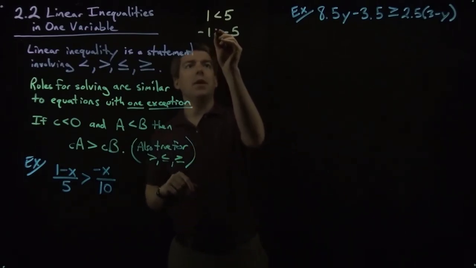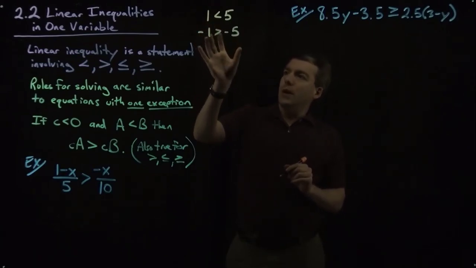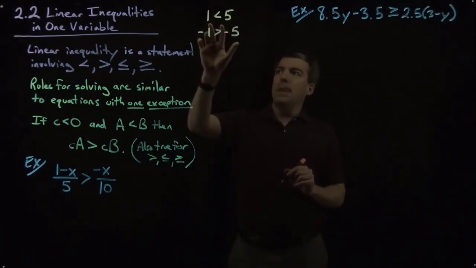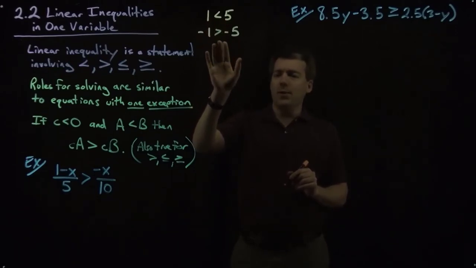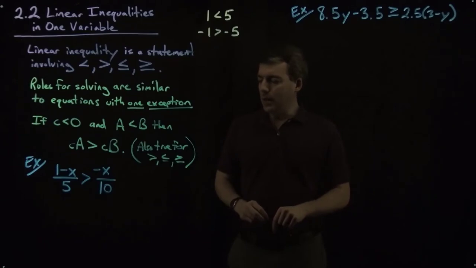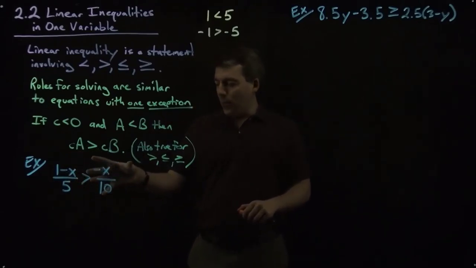We have to switch the inequality here. So at least in this particular example, we can see that if we multiply by -1, we have to switch the inequality symbol. It's true in general as well. Okay. So let's take a look at solving a linear inequality of one variable.